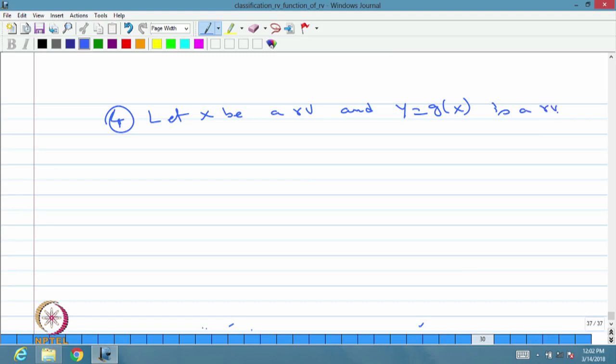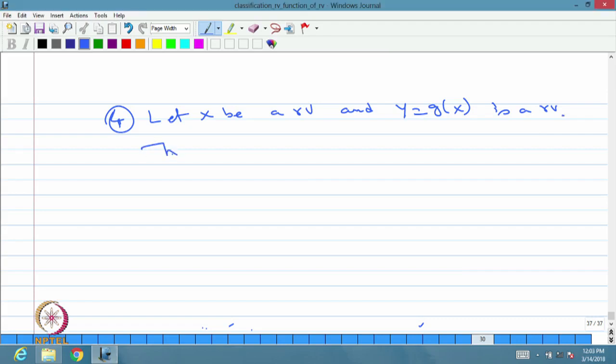This we discussed in the last module. X is a random variable, g is a Borel measurable function. In particular, you can think of a continuous or piecewise continuous function, therefore y is also going to be a random variable.